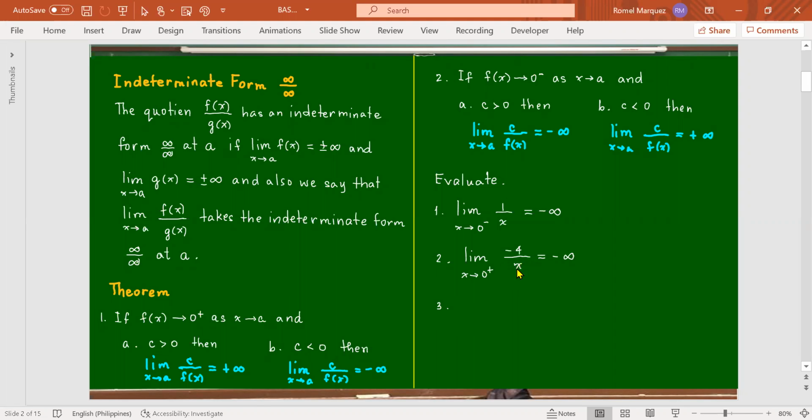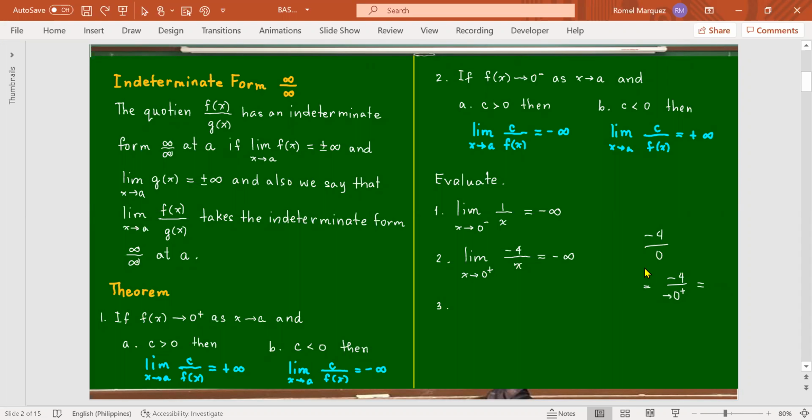Number 3. Do not substitute infinity or 0 here. Do not write -4 over 0. Some books or teachers use this for students to understand. For example, approaching 0 through positive values, they write here equals negative infinity.